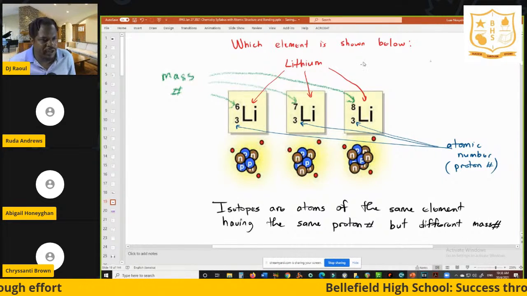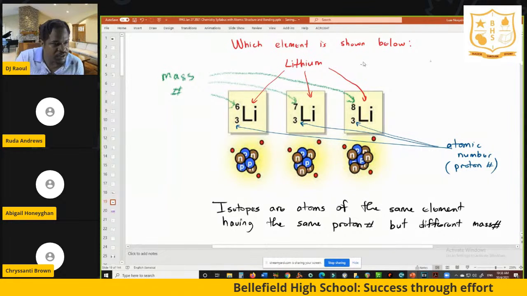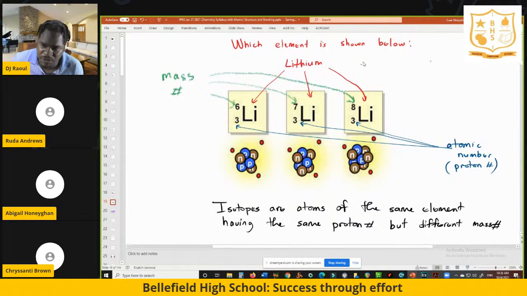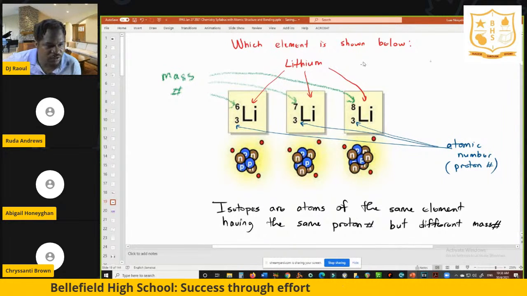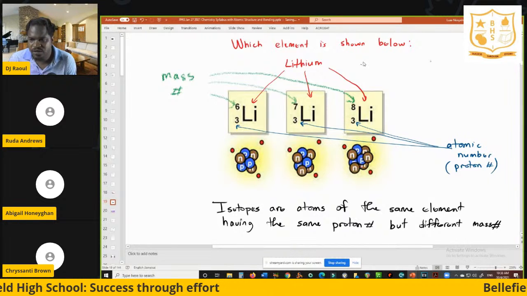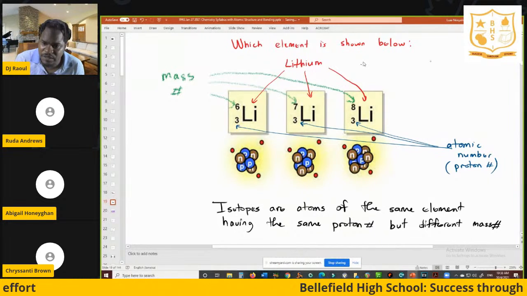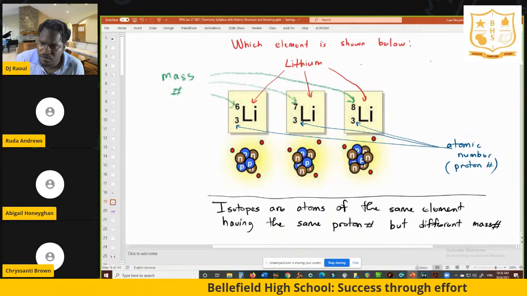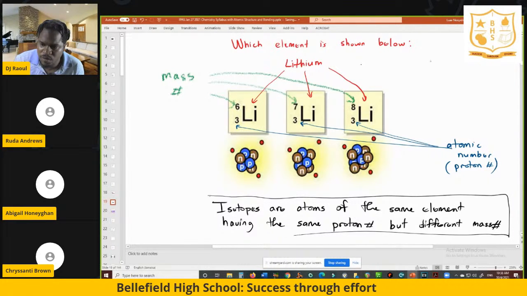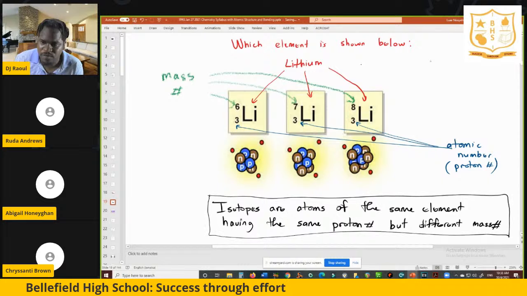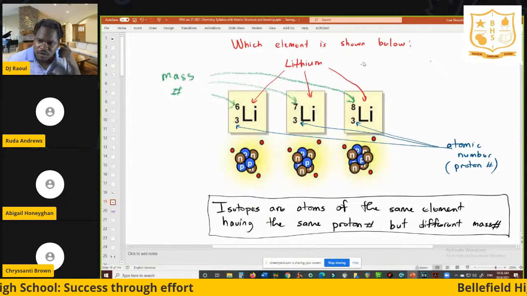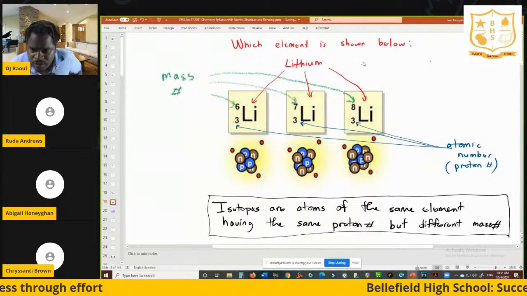So typically, guys, in an exam situation, they could ask you to determine the number of neutrons in each isotope, which you should be able to do, and things like that.